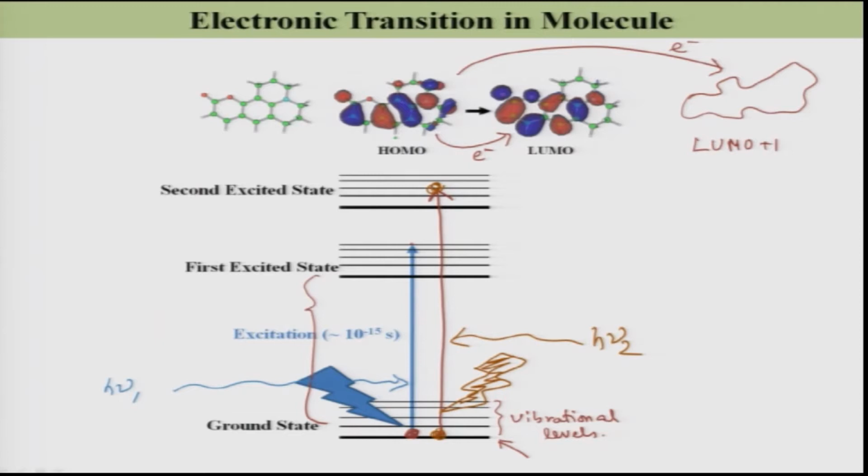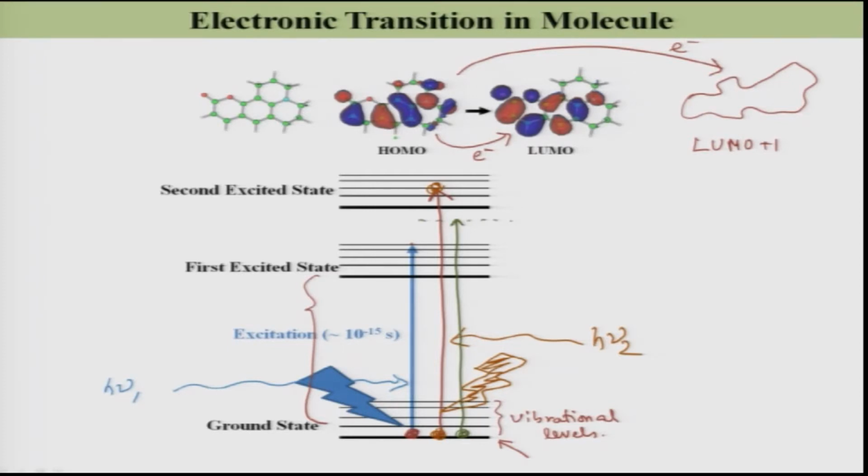If you use a frequency in between nu1 and nu2, whose energy does not match a transition from here to here, then that photon is not going to be absorbed by this molecule.